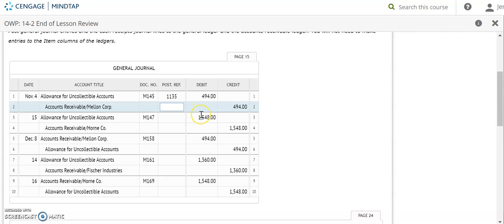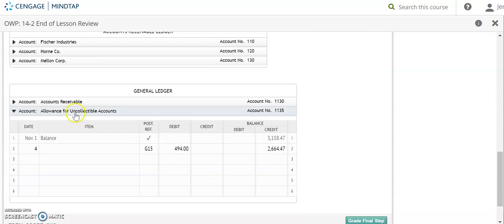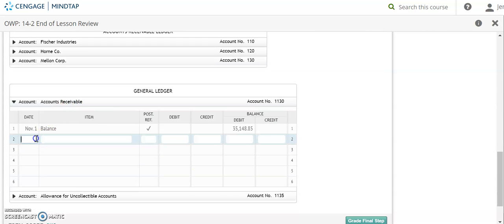Okay, next one, this is where I'm going to be posting this number twice, this credit. I'm going to post it once to accounts receivable and once to Mellon Corporation. So I'm going to start with my accounts receivable. The date is the 4th. General Journal, page 15, so G15, and I'm crediting for $494. I'm going to find my new balance.